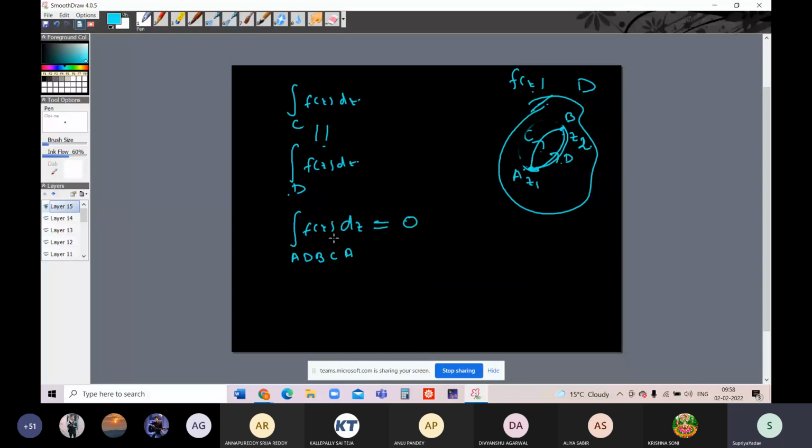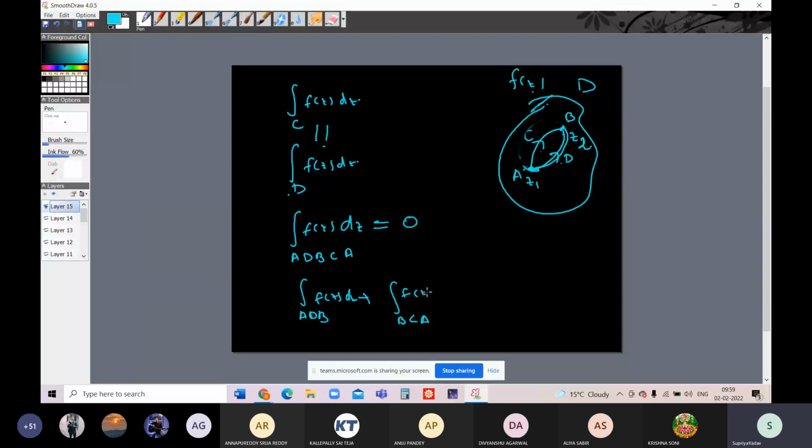And this path can also be broken into two paths, because we know that when we are evaluating the integral, if a path is made by joining 2 paths, this can also be written as the integral along ADB plus BCA of f(z) dz.